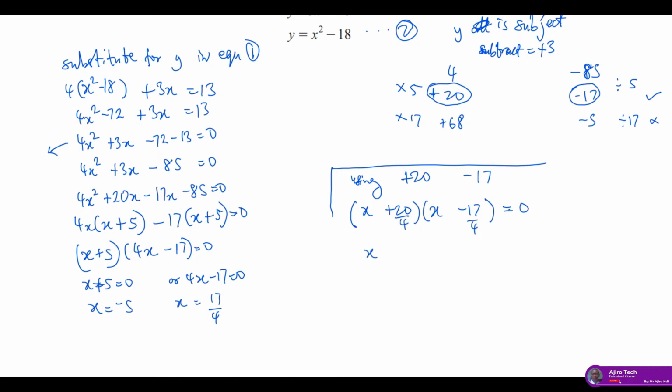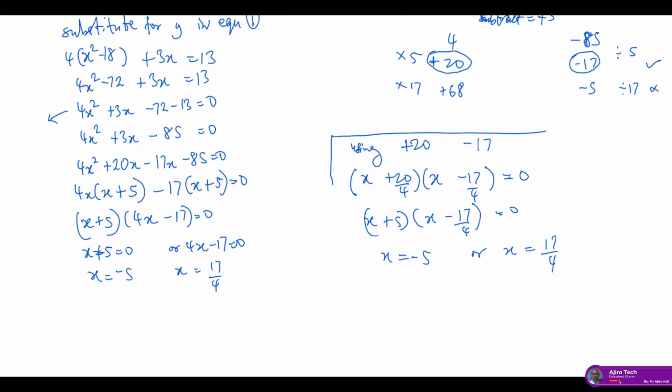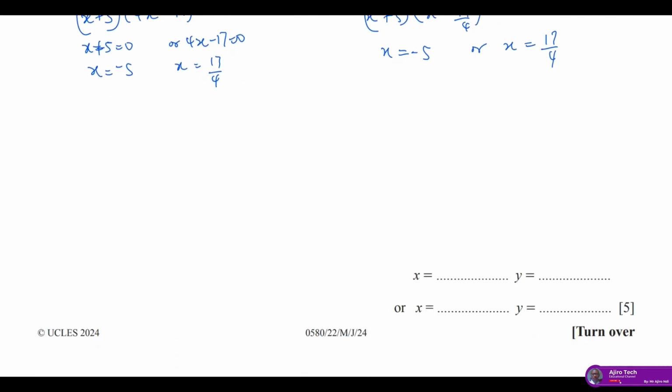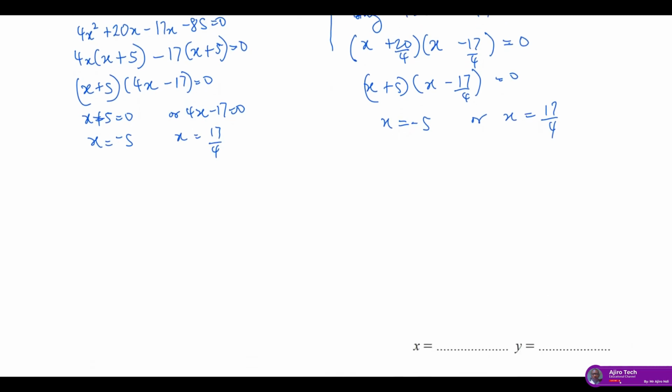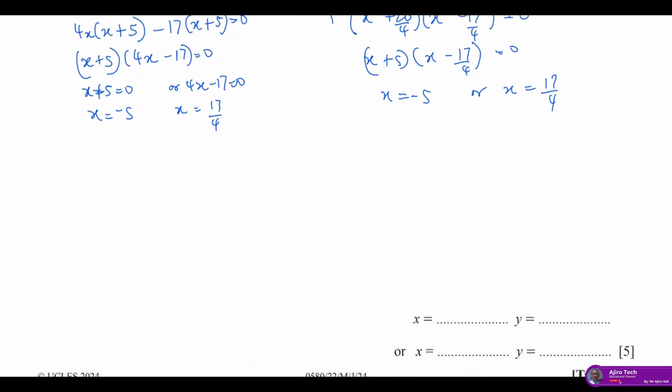This gives me x plus 5, and this gives me x minus 17 over 4. So x must be equal to minus 5 or x is equal to plus 17 over 4. So this is a faster way of doing this. The values of x are minus 5, the smaller one first, and then 17 over 4.